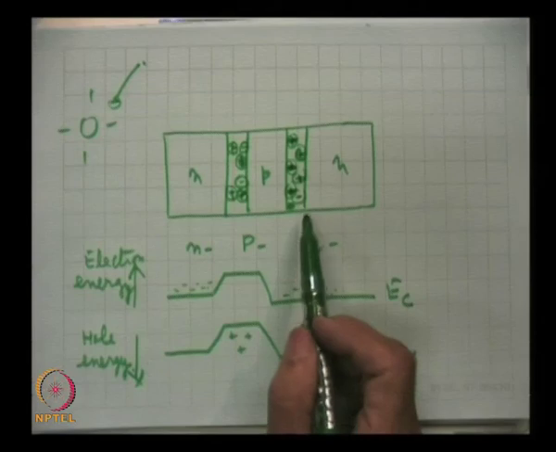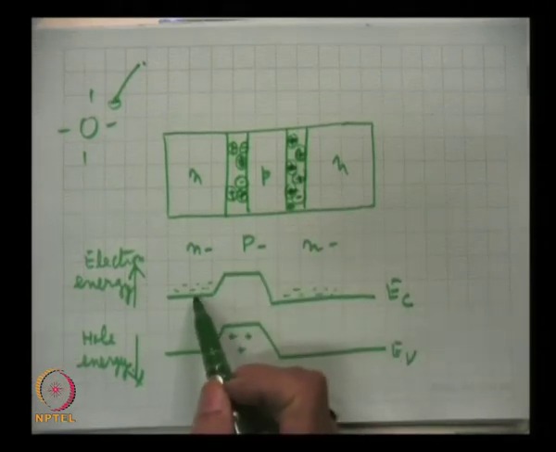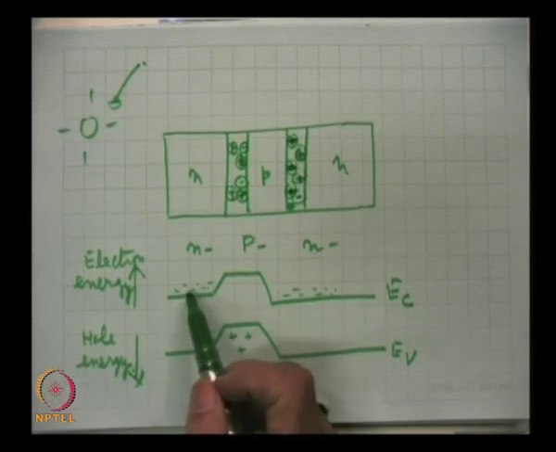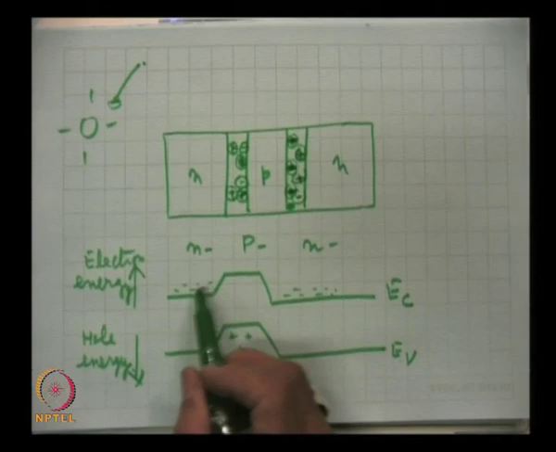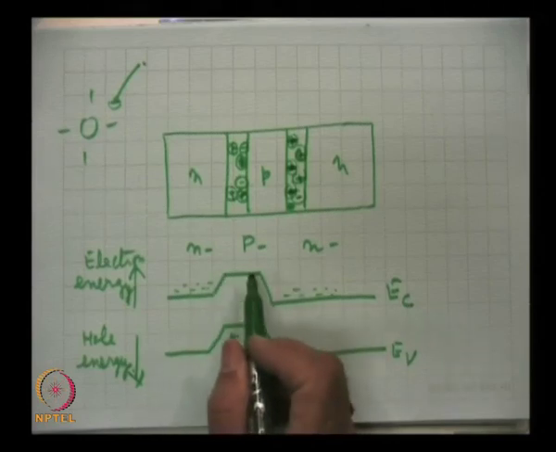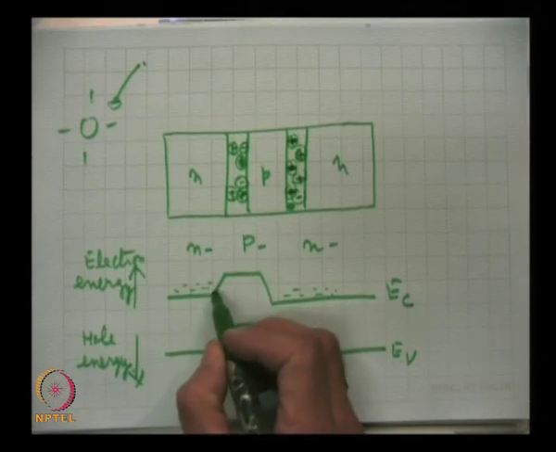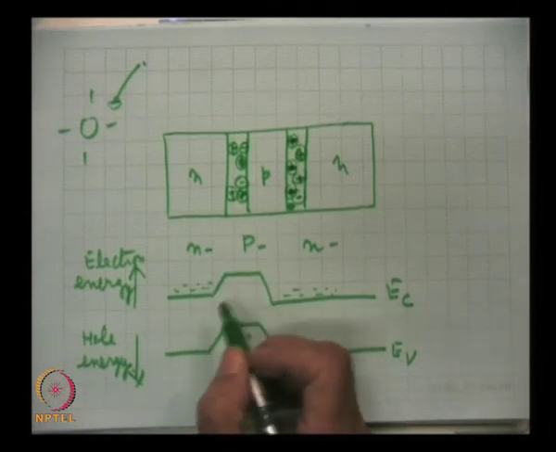So, once the junction has been formed, these charges from the n side, though they have higher population, so there is a density gradient, will be unable to cross over to the base region or to the collector region because of this barrier height, the contact potential.